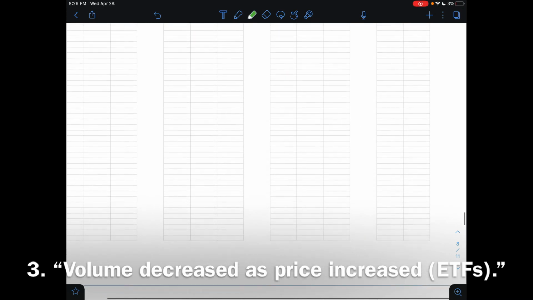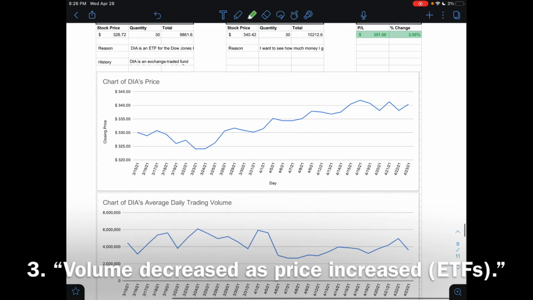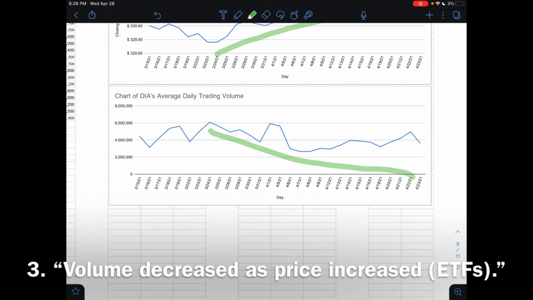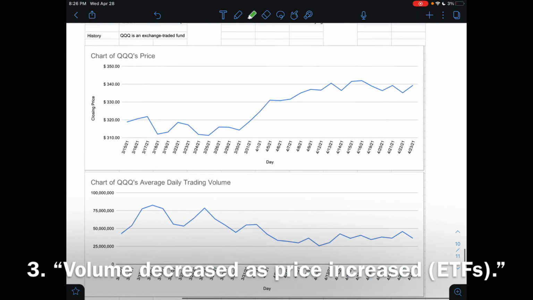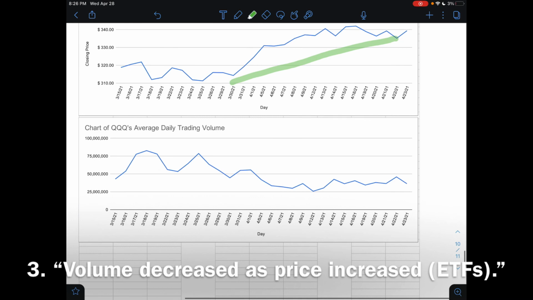And then with the Dow, the DIA, the price slowly went up and then volume slowly went down on a downtrend there. And then with the Qs, price went up and the volume slowly went down. And that is my last takeaway.